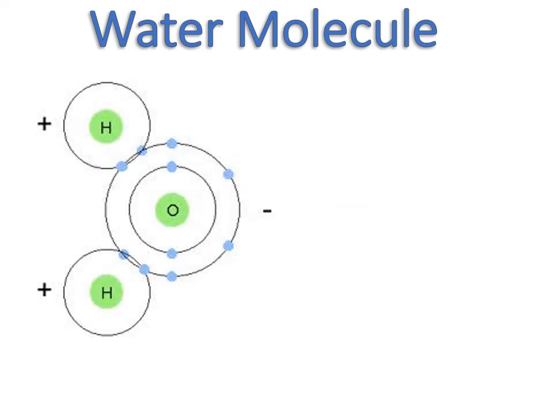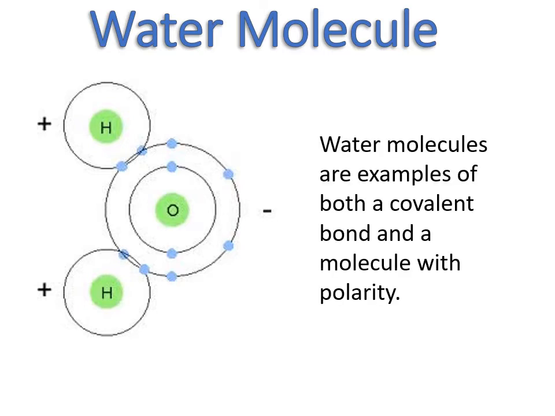Okay, and here's a water molecule, which is a perfect example of a polar covalent bond. They're definitely sharing the electrons, but just because of the size of oxygen compared to hydrogen, it pulls the electrons closer to the oxygen, making it slightly negative on that side, and slightly positive on the hydrogen side.